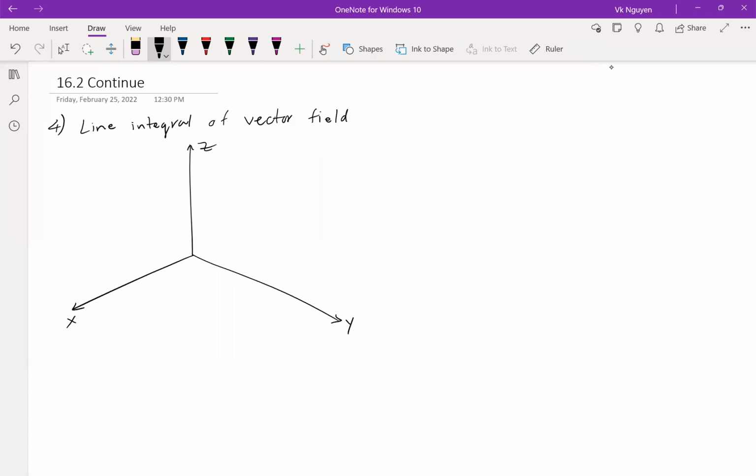Let's say that we have, actually, let's just do the curve C here first. Let's say that we have a space curve C. Okay, we have a vector field.